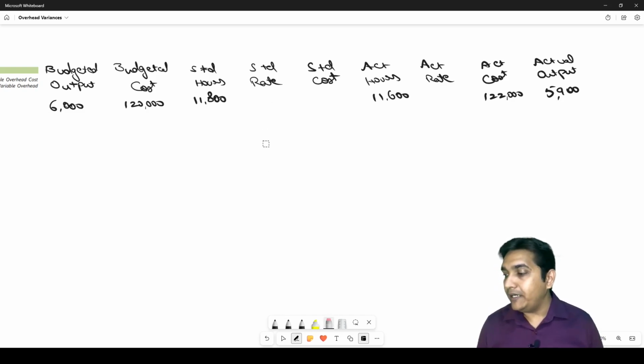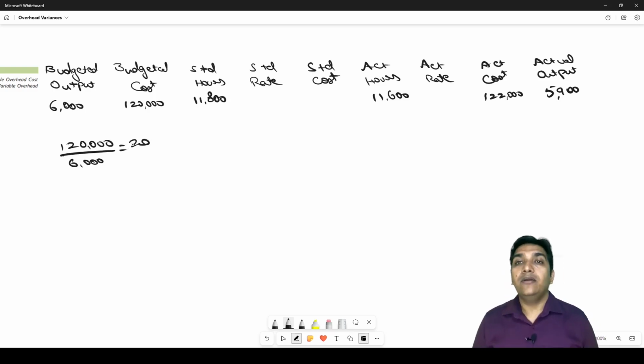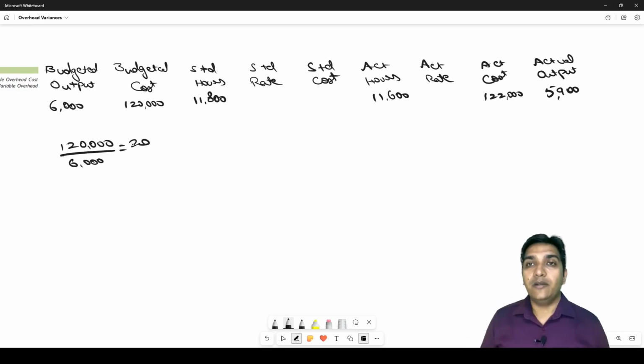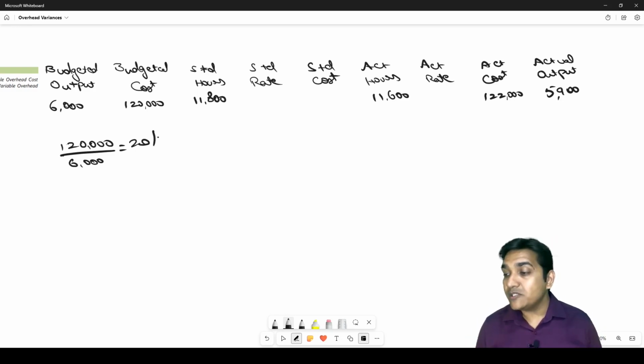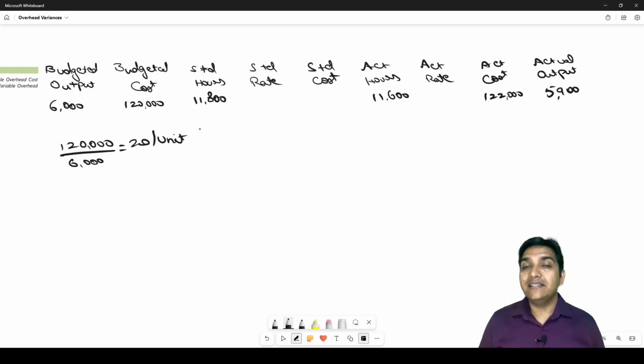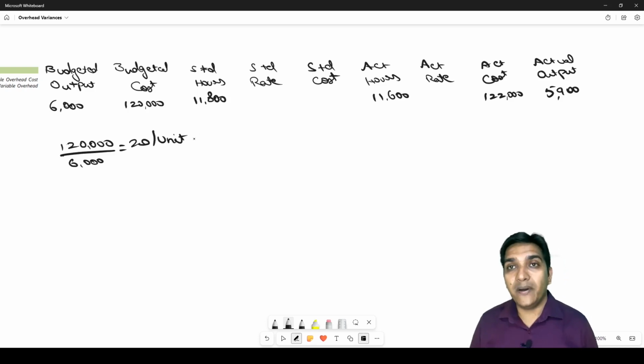What we did was, we did 1,20,000 divided by 6,000, right, we got 20. This is 20 rupees per unit. This is my standard rate, 20 rupees per unit.